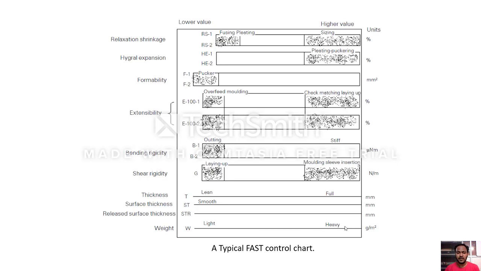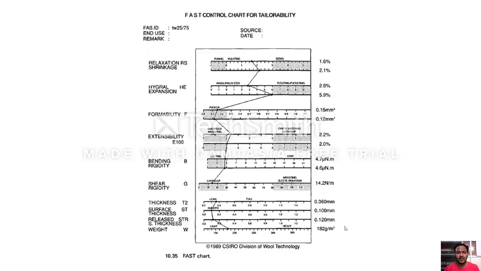Now we will see an example of a control chart, which shows the values for a particular fabric.